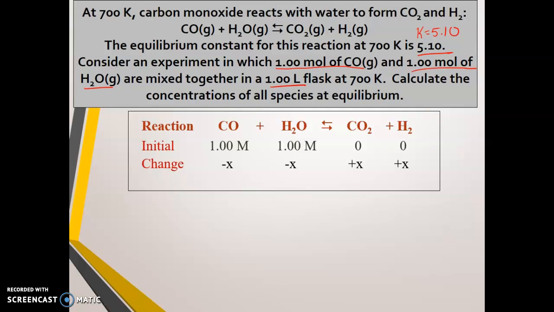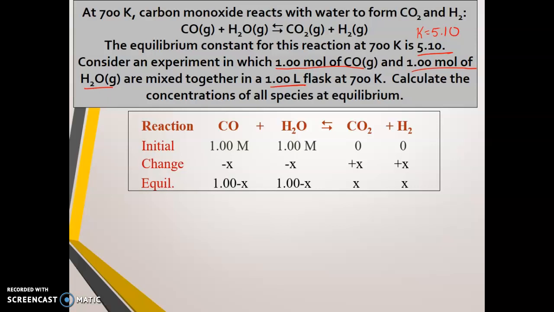And then for the equilibrium, we're just going to basically put the initial and the change together. So for equilibrium for carbon monoxide, we have 1.00 minus X. For water, 1.00 minus X. And then for carbon dioxide, just X, and hydrogen, just X. So we have our RICE table.